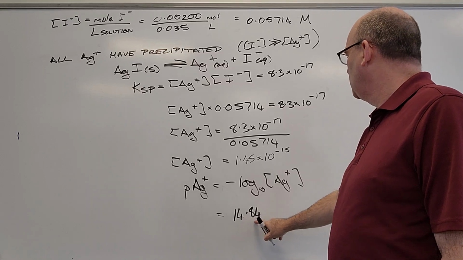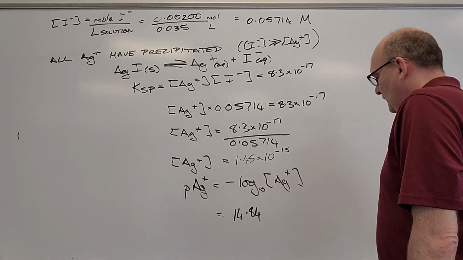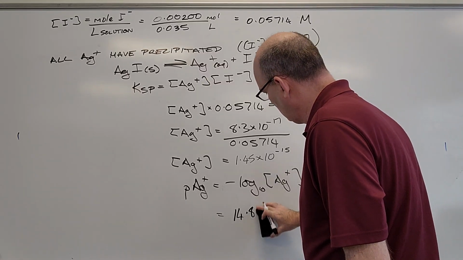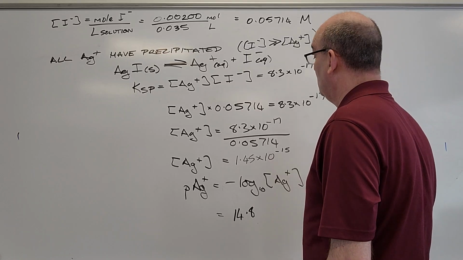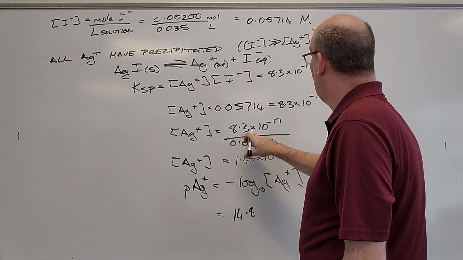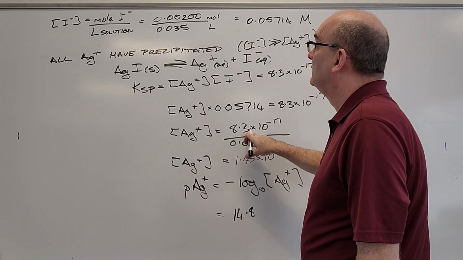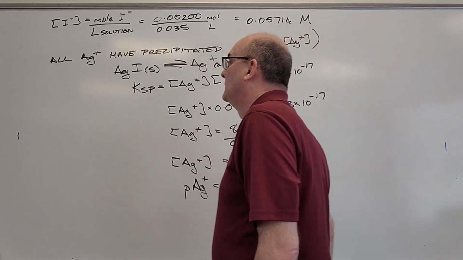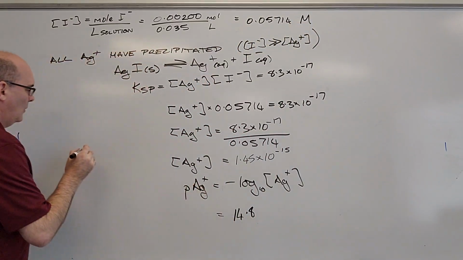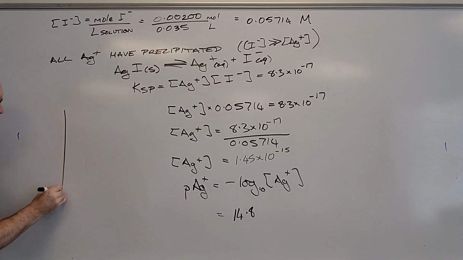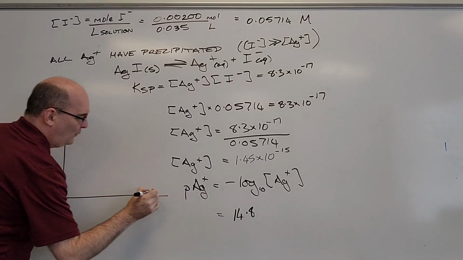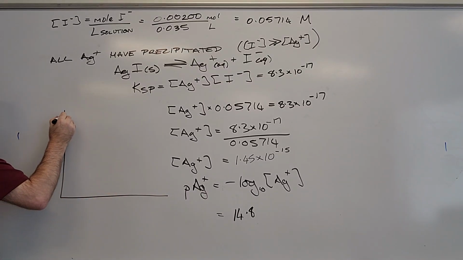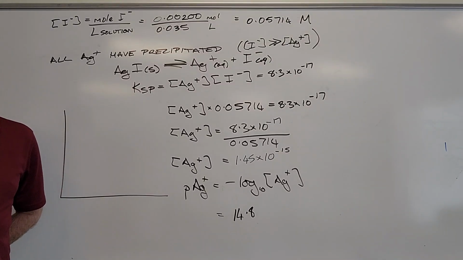14. Not really sure I'm allowed to have 4 digits of precision. Oh, actually, you know what? Well, I don't know about that number. So, what have we got? What was the pAg at equivalence?